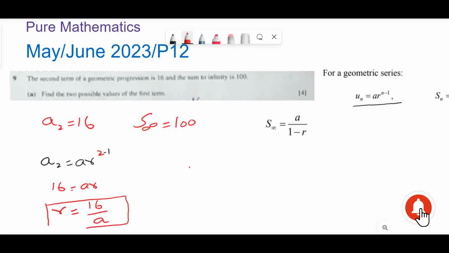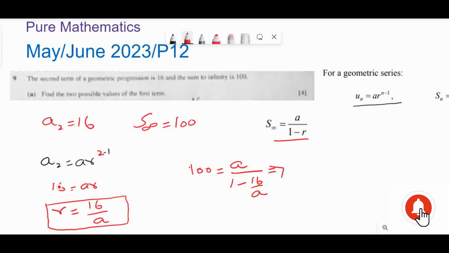Now the second thing is that the formula for S infinity, the sum to infinity in geometric progression, is this one. So just put the values over here. So 100 is equal to A over 1 minus r, and we don't know the value of A, so we will keep it as A. Now r is 16 by A. Now what we can do is simply change the position.